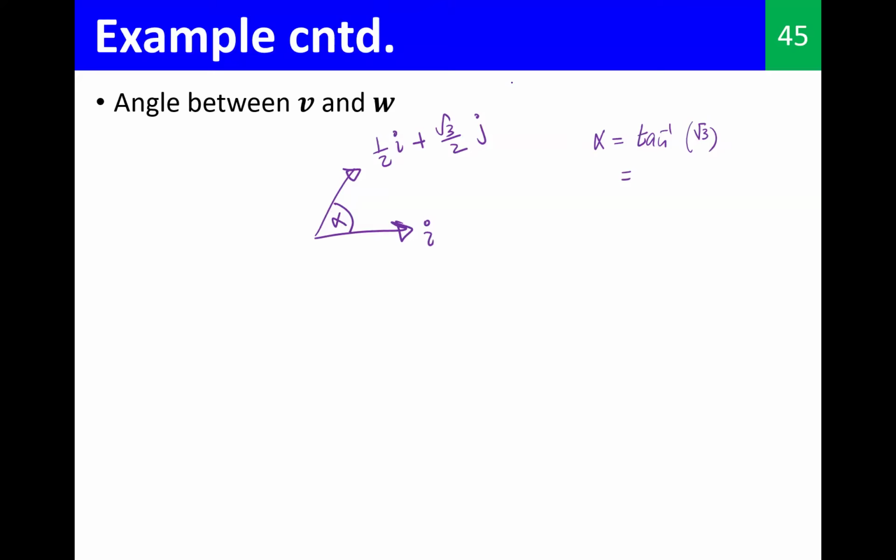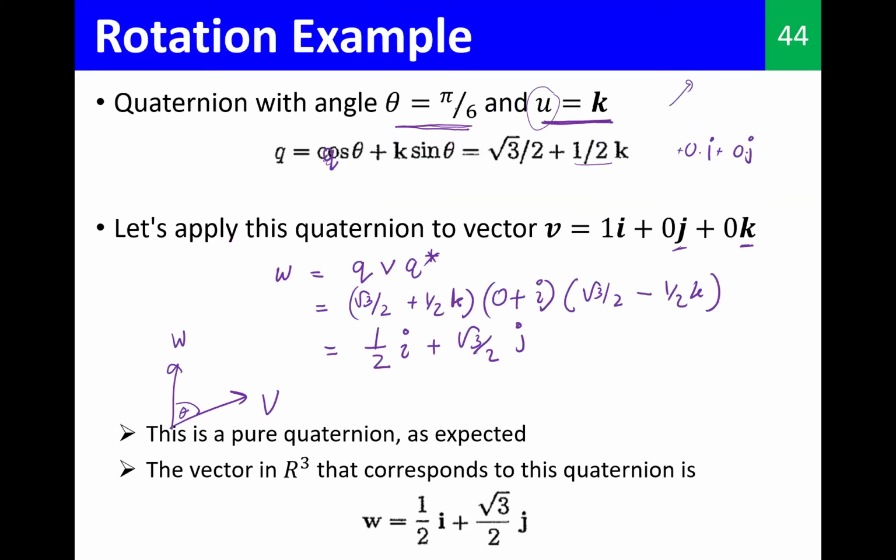Do you remember these ones? Square root of 3, tan inverse. What's the answer? Yeah, 60, right? Pi over 3, right? Now that is somewhat interesting because if I go back, this is where I started.